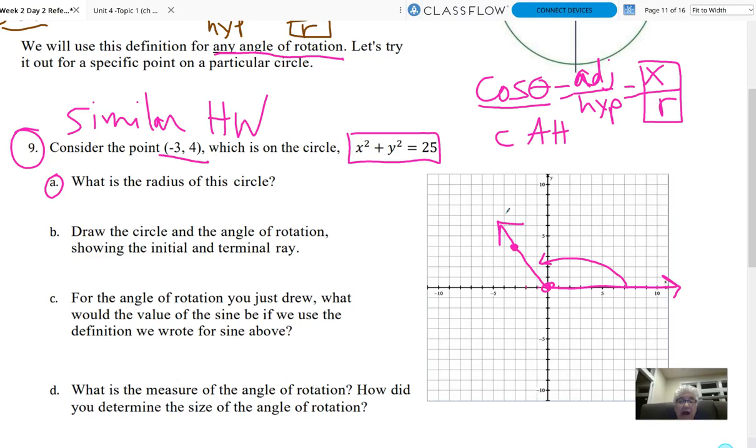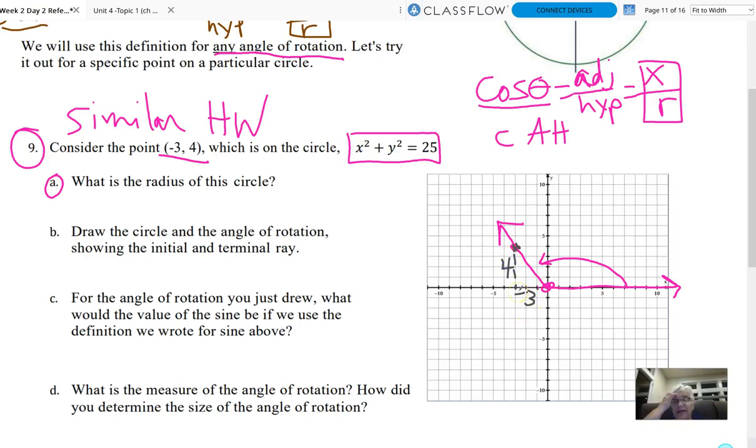So drop a line. That's how we make the triangle. So here is the triangle I'm making. This is the point where I drop down from. This distance is -3, and this distance is 4.